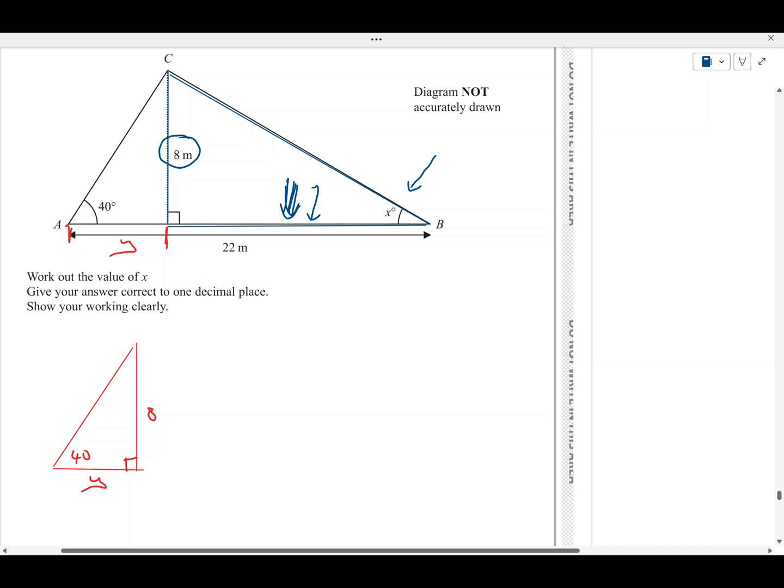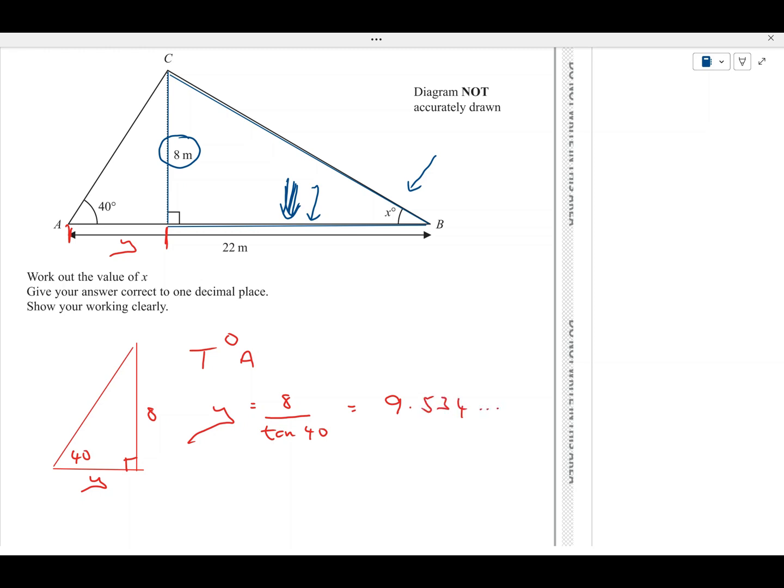Now, cozy around the right angle here, it's going to be a tan, TOA, and I'm finding the adjacent. So y is going to be the opposite divided by tan 40, right? 8 divided by tan 40 equals 9.534, and so on.